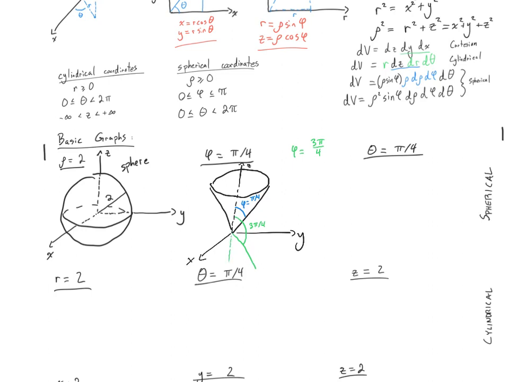And then you'd want to look at the negative z-axis and realize that what you have is a cone whose angle with the negative z-axis is pi over 4, and with the positive z-axis is 3 pi over 4. And so as you vary phi, you're going from really narrow cones around the positive z-axis to, as it kind of opens up, all of a sudden it becomes the xy plane at phi equals pi.